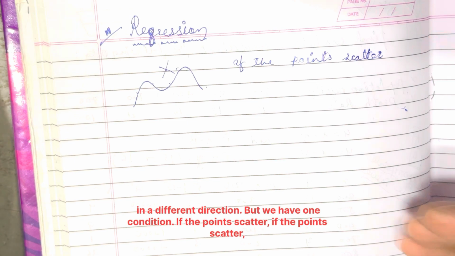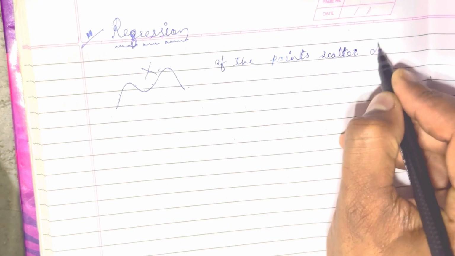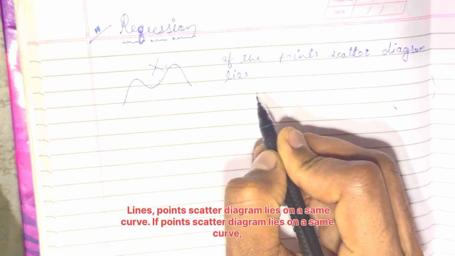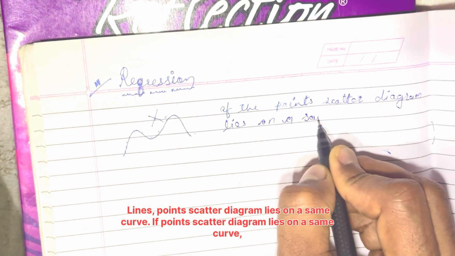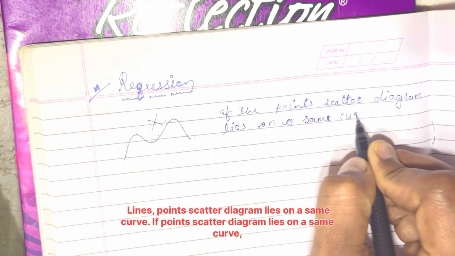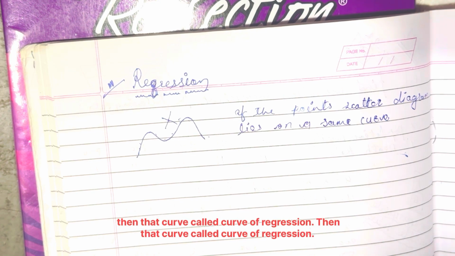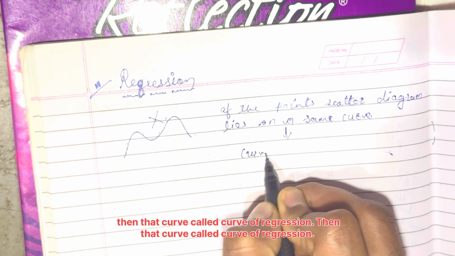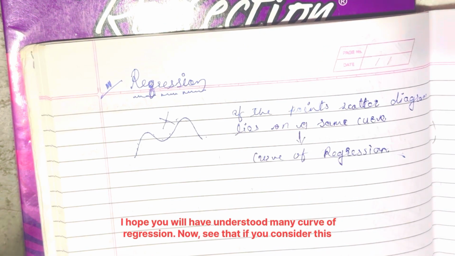But we have one condition: if the points in the scatter diagram lie on the same curve, then that curve is called the curve of regression. I hope you have all understood the meaning of the curve of regression guys.